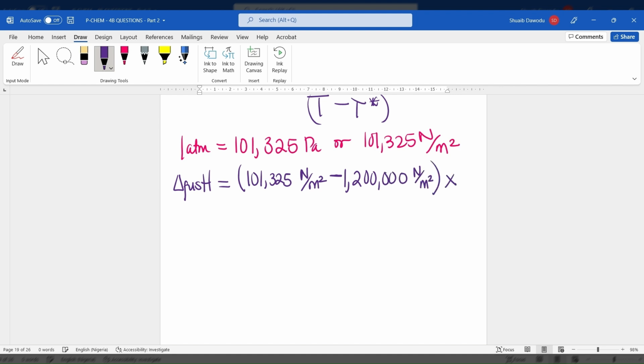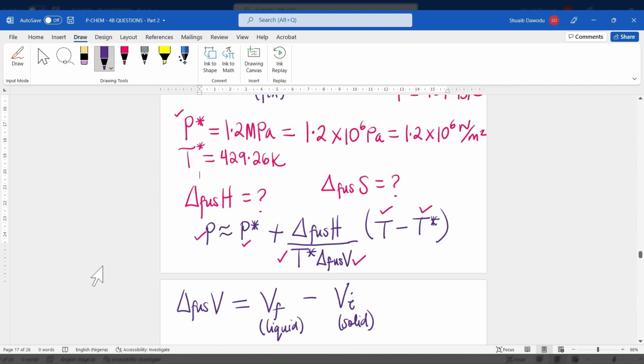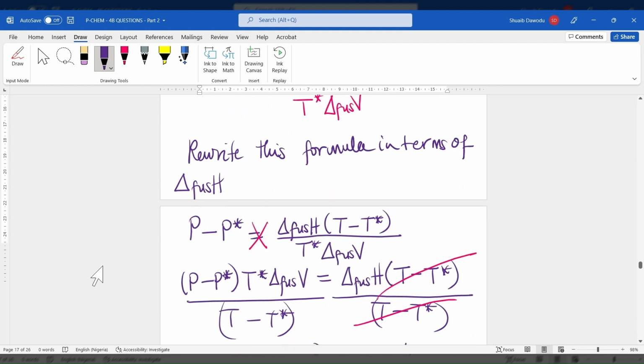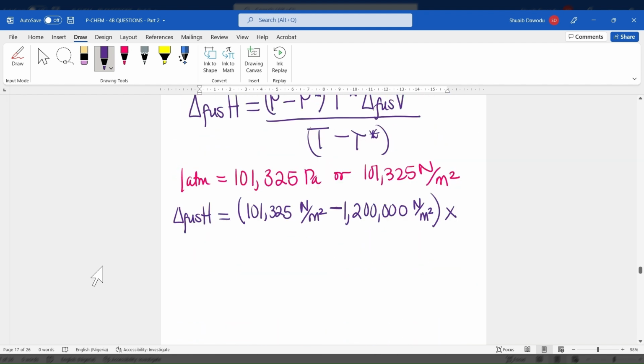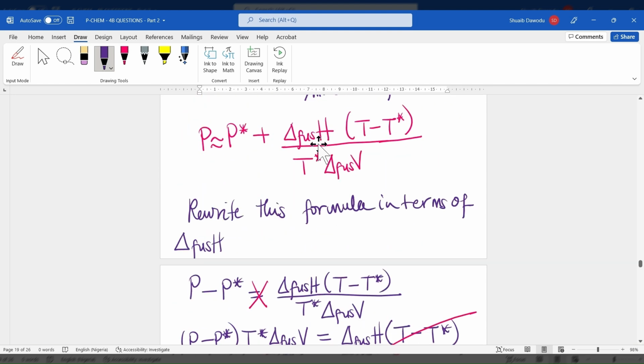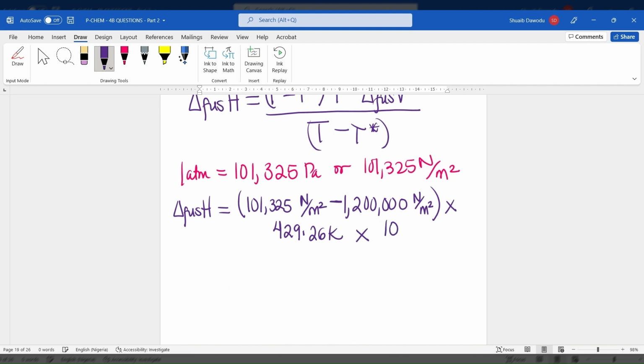Multiplied by T star, which is 429.26 Kelvin, times the change in molar volume of fusion, which we determined to be 10.6 times 10 to the power of negative 6 meter cube per mole. All of this information divided by T minus T star.